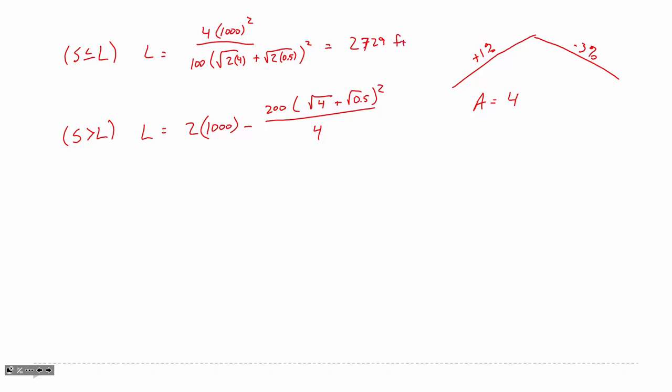So S is less than L, so that inequality checks out, and that's probably our design L. But just to check your work, it's good to go ahead and calculate both of them and make sure that the other inequality isn't true, because they shouldn't both be true.